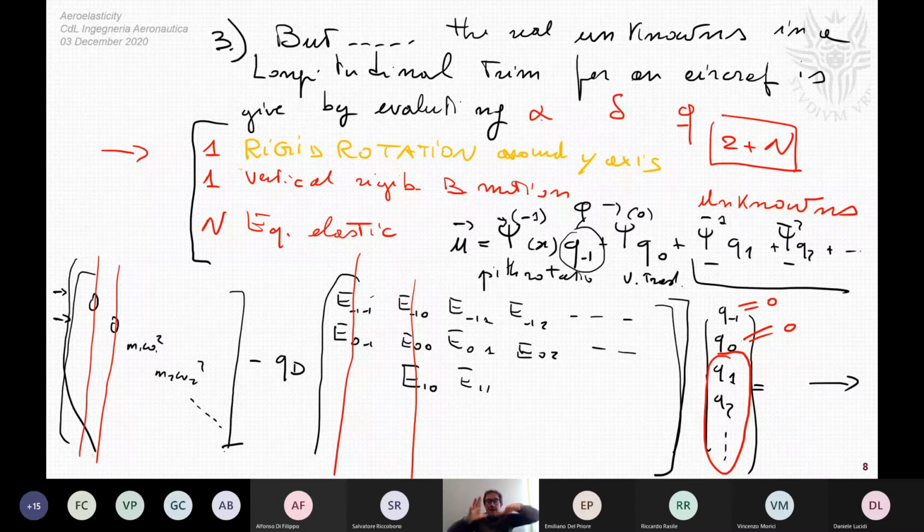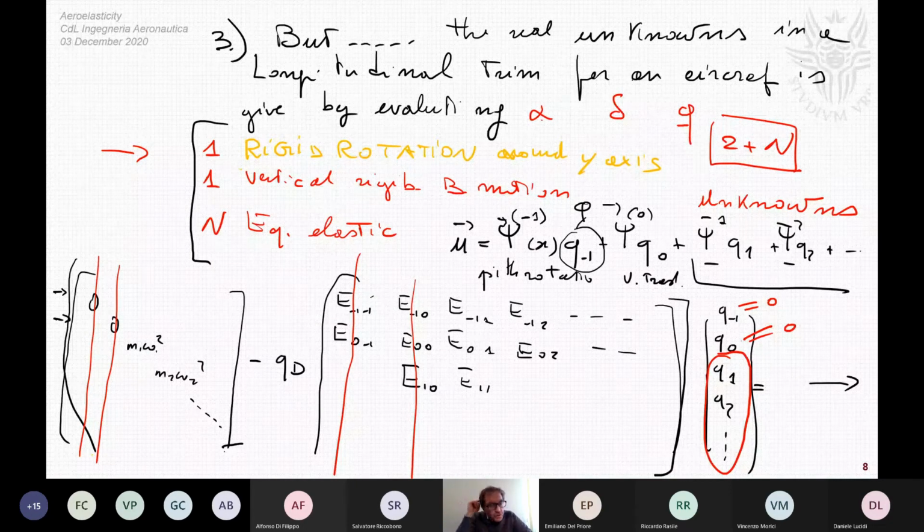In order to balance the pitch, we have to use the tail horizontal surface, and we want to use the modification of this horizontal surface in order to balance the global aerodynamic pitch moment. And so we introduce one more trim variable, as you know from flight dynamics, delta.